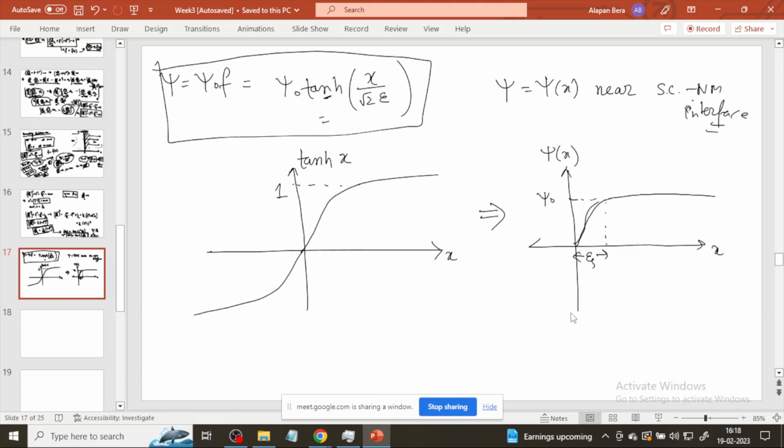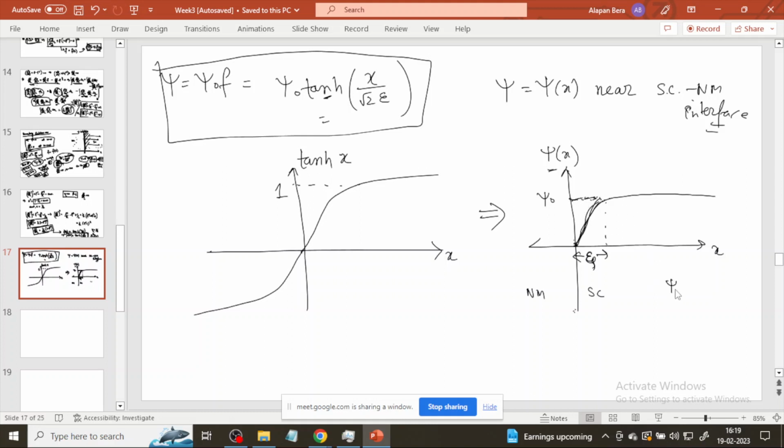So this is the junction, this is the normal metal, and this is the superconductor. At the exact junction psi is 0, but as soon as we go inside the superconductor, the value of psi starts to increase, and after a certain distance given by epsilon, which is also called the coherence length of the superconductor, psi almost approaches psi naught.